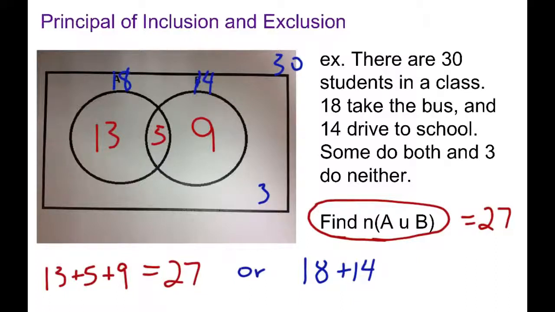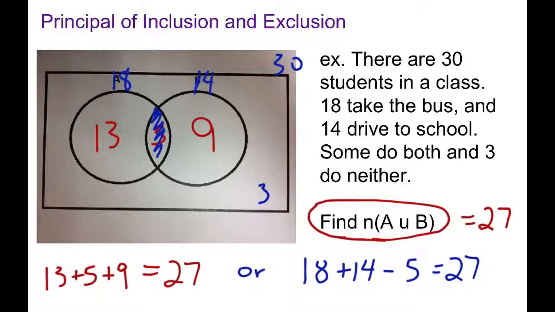All of A was 18, all of B was 14, and then all we have to do is subtract the overlap. We don't want to count those people twice. So another way we could have done it is, once we had the circles, 18 plus 14 minus the 5, and that gives us 27.